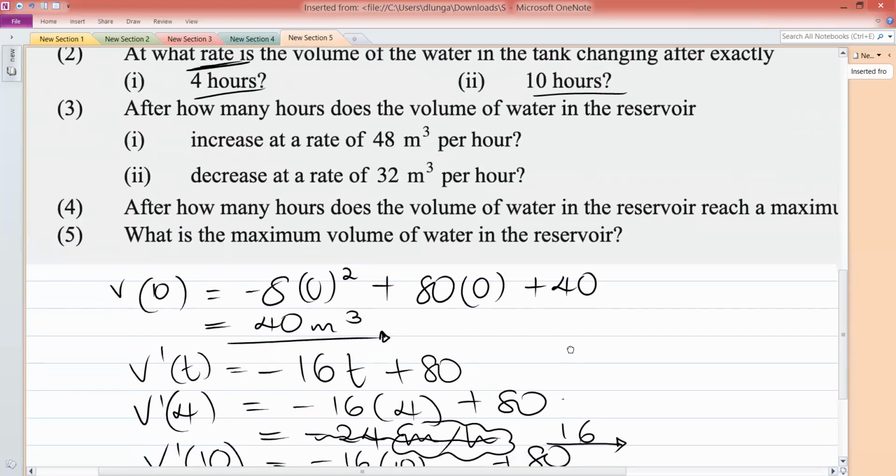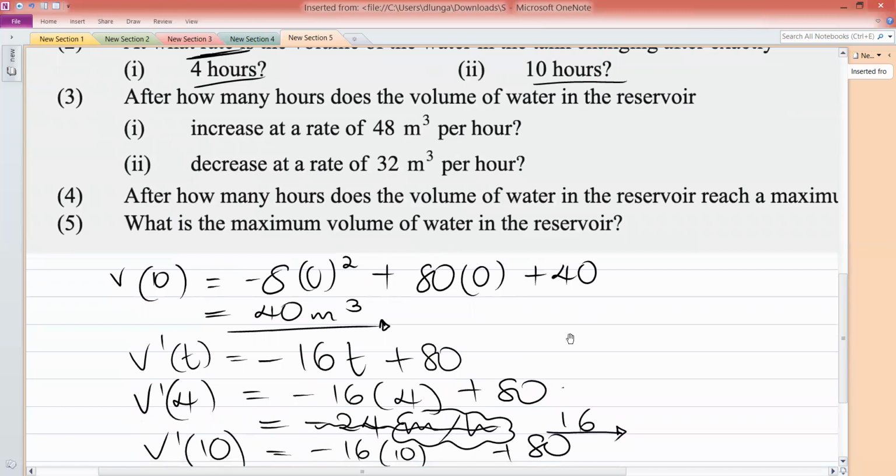Okay. Then after how many hours does the volume of the water in the reservoir increase at a rate of 48 meters cubed per hour, or decrease at a rate of 32 meters cubed per hour? So here it's increase at a rate of 48, and then there's decrease at a rate of 32. So we need to solve for t.